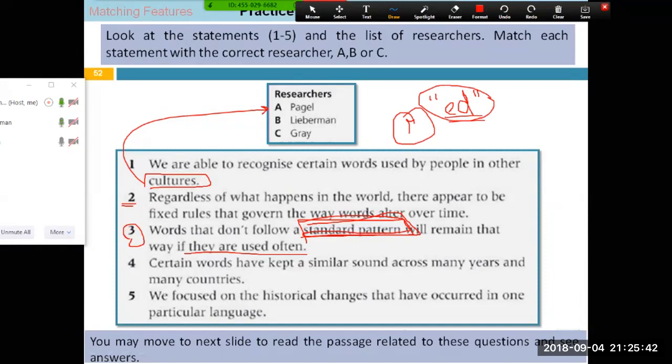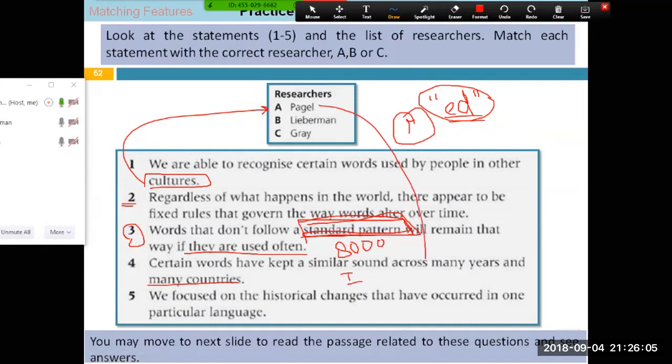Now, certain words have kept a similar sound across many years and many countries. I just pointed out that there was a research which talked about 8,000 years, and it talked about Indo-European. That means many countries. So again, that is Pagel.